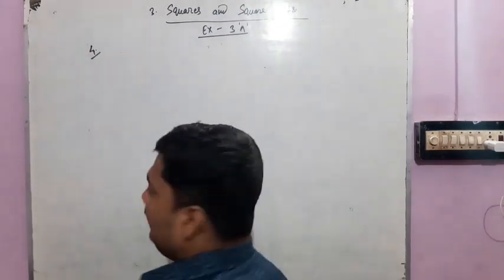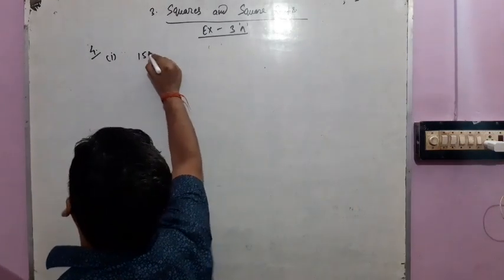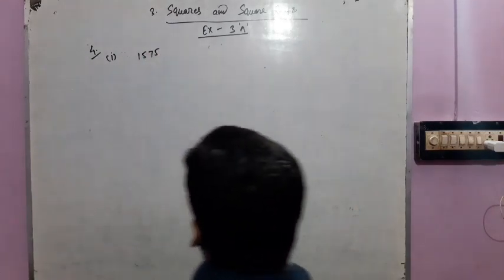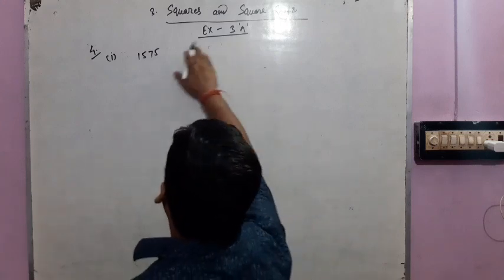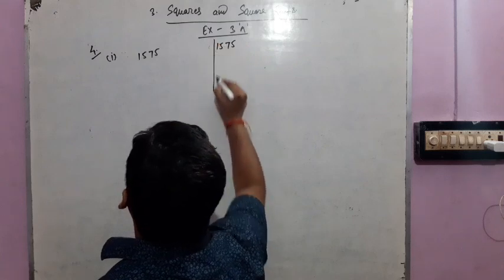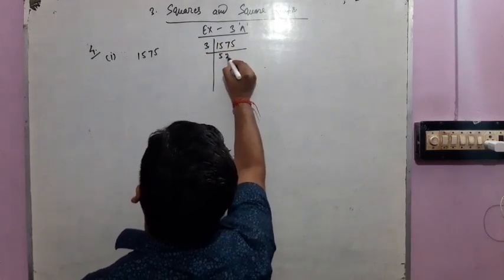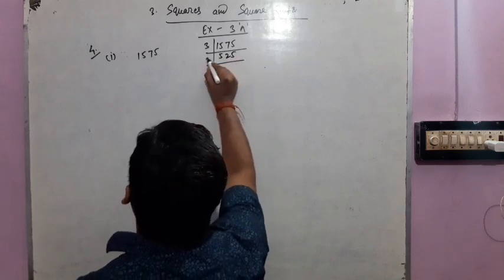For that, look at the first one, 1575. For that first we have to prime factorize 1575, with 3, 5 threes are 15, and 25. Again with 3.